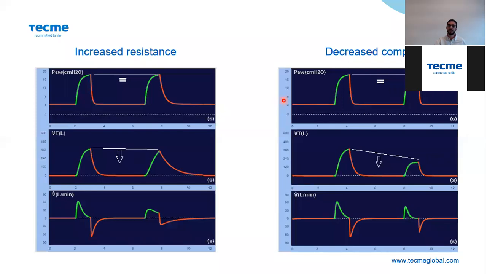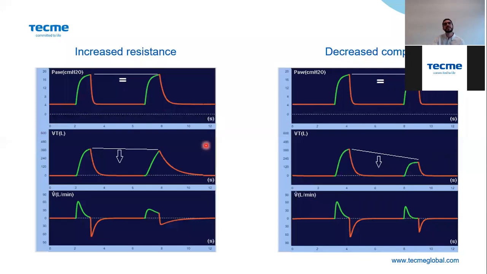So with the same level of pressure, the lung can receive less volume. And for example, if the resistance increases, for the same pressure level, we will have the same result, a decrease in the tidal volume.